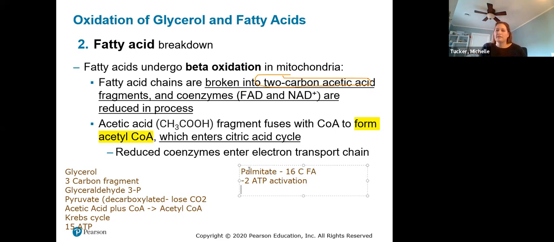One of the things I do expect you to be able to tell me is how many acetyl-CoAs we are going to get from palmitate. So acetyl-CoA is a 2-carbon fragment. Palmitate is a 16-carbon fatty acid. How many acetyl-CoA are we going to form?